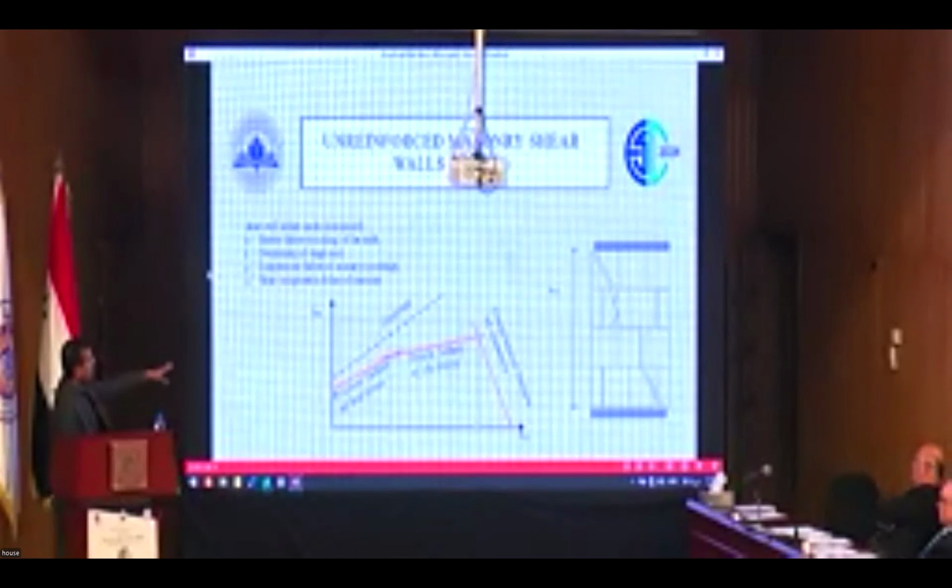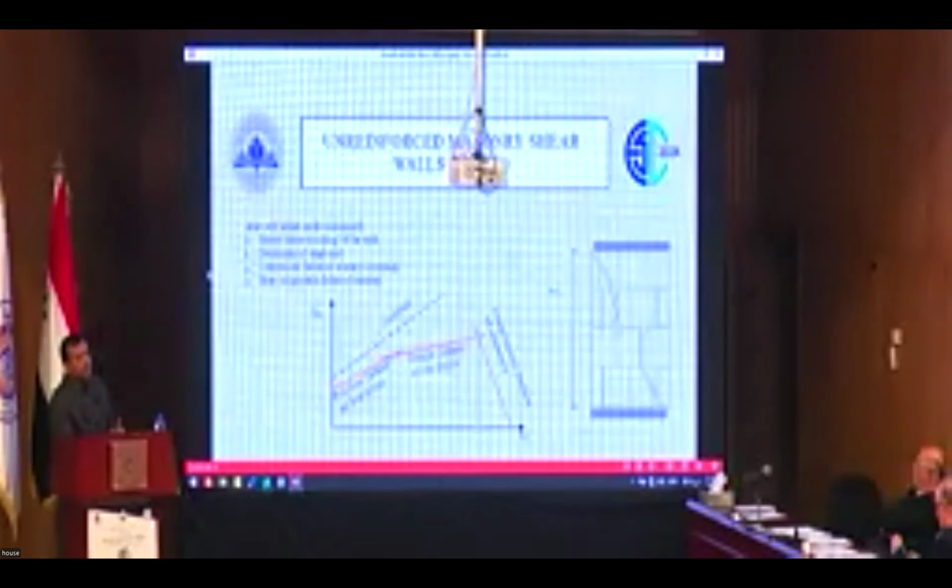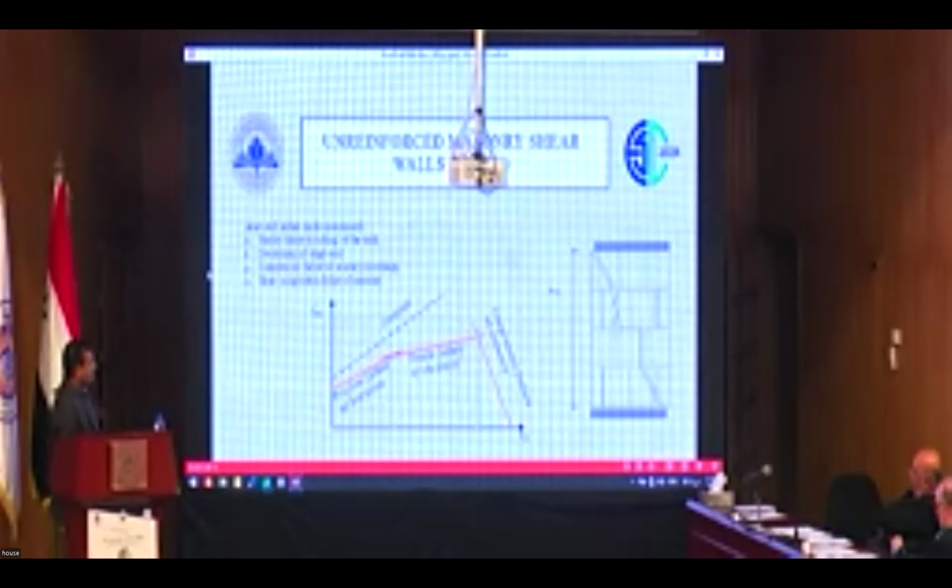Friction failure, tensile failure, and compression are the main failure modes for a shear wall. We model this deterministic formulation in a full probabilistic approach and try to find the probability of failure and then reliability. Okay, next.